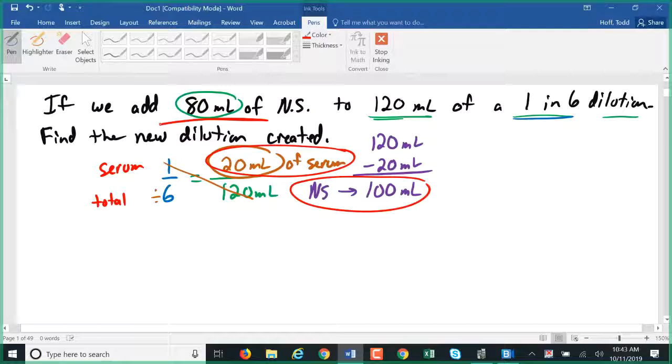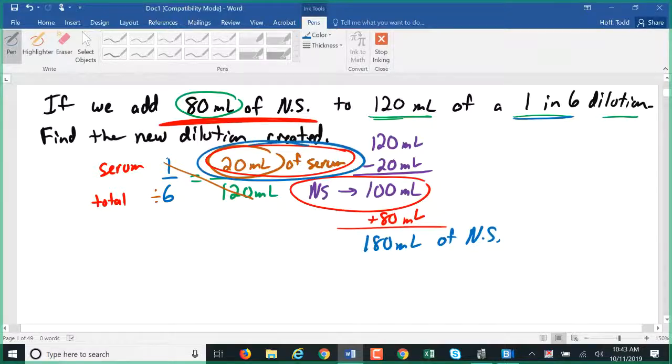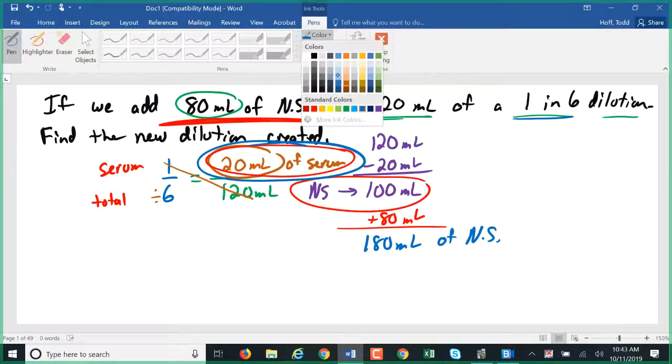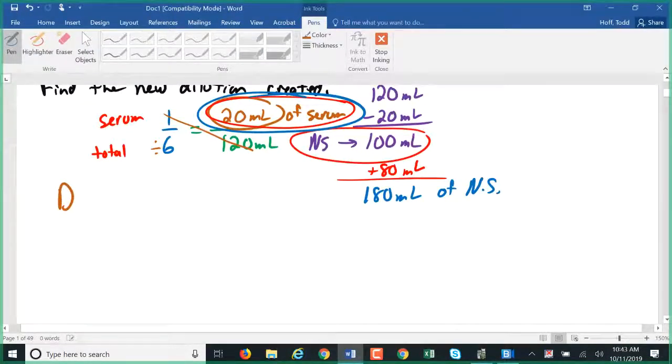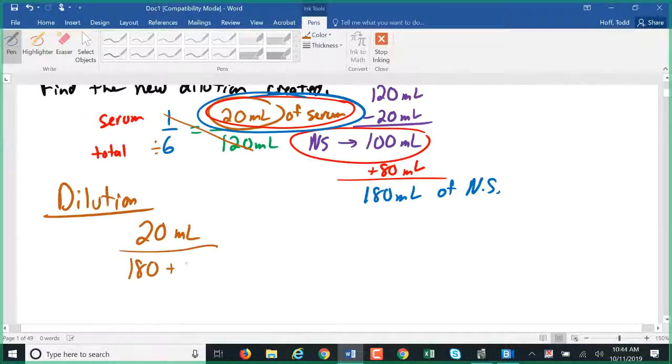We are about to add 80 milliliters of saline. So we now have a total of 180 milliliters of saline, and still only 20 milliliters of serum. So to find our dilution, it's 20 milliliters of serum over 180 plus 20 milliliters of total solution.